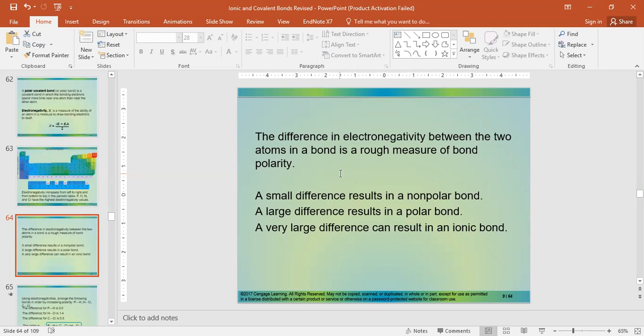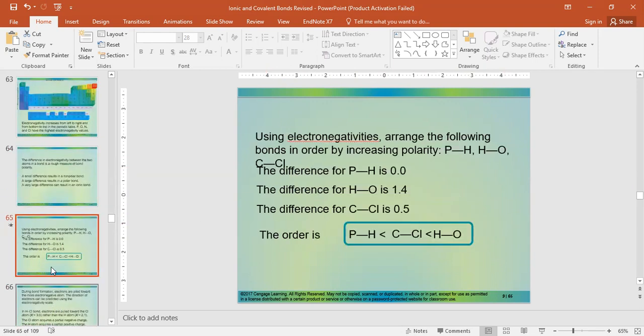When you have nitrogen and nitrogen forming N2, that is non-polar because the difference in the electronegativity is going to be zero. So large differences are going to result in polar bonds, and very large differences are going to result in ionic bonds. I was able to show some values that determine this, but we can see some values in the next slide that I'm going to show.